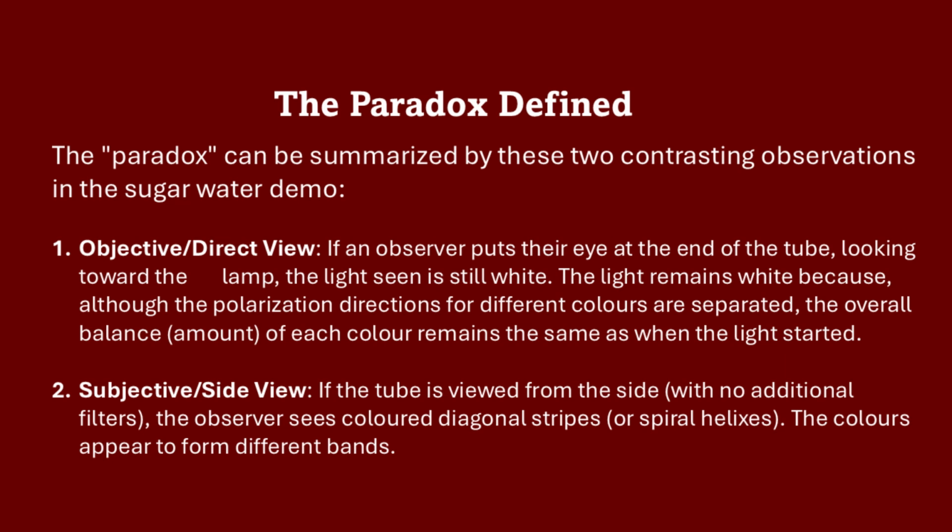The light remains white because, although the polarization directions for different colors are separated, the overall balance, amount, of each color remains the same as when the light started. 2. Subjective side view. If the tube is viewed from the side, with no additional filters, the observer sees colored diagonal stripes or spiral helixes. The colors appear to form different bands.